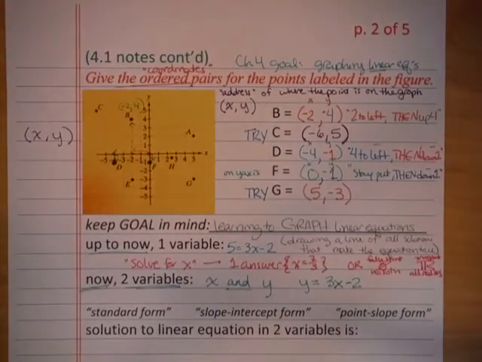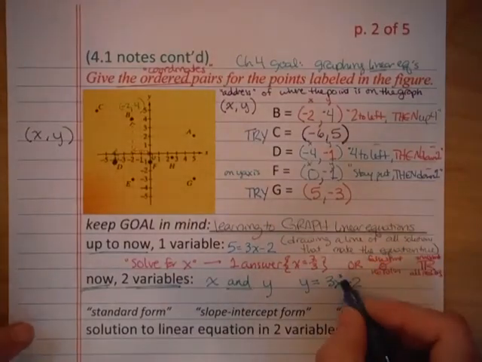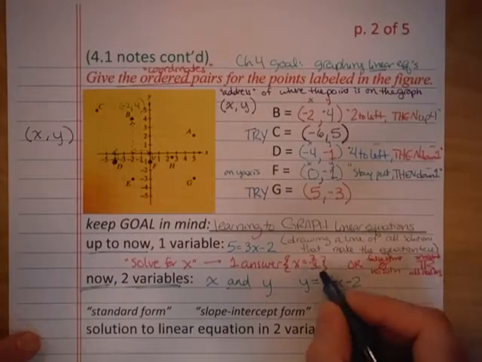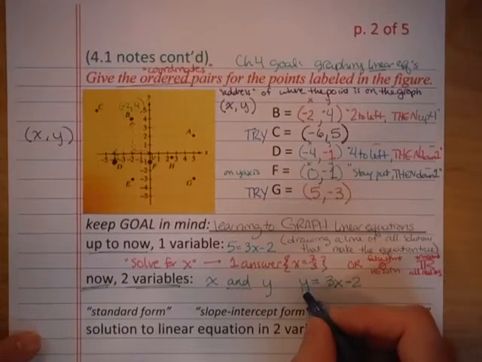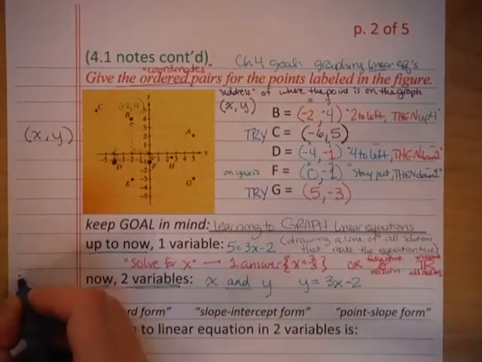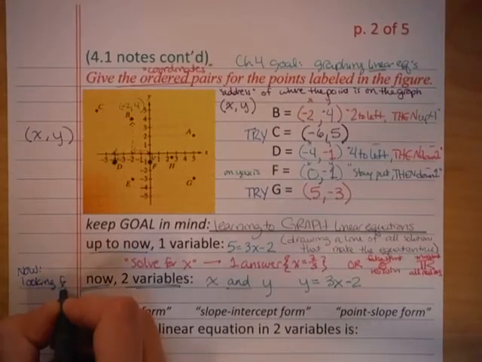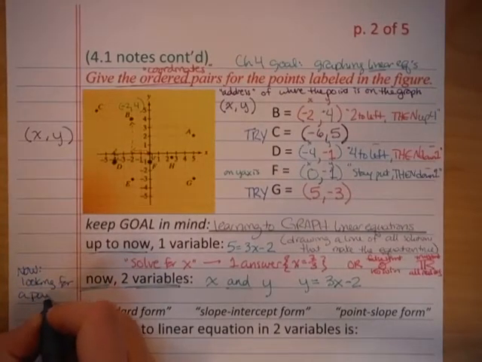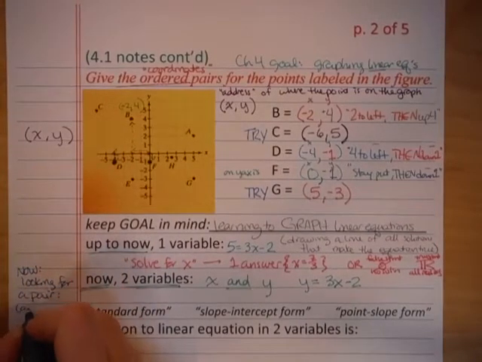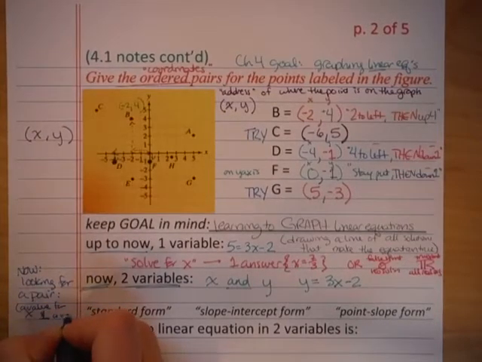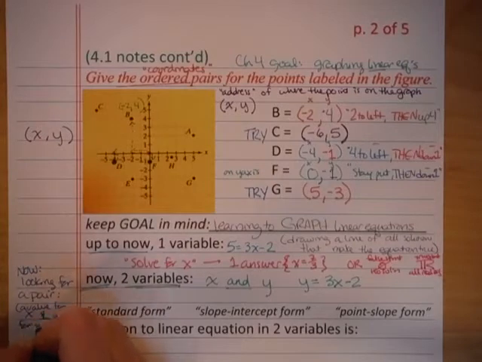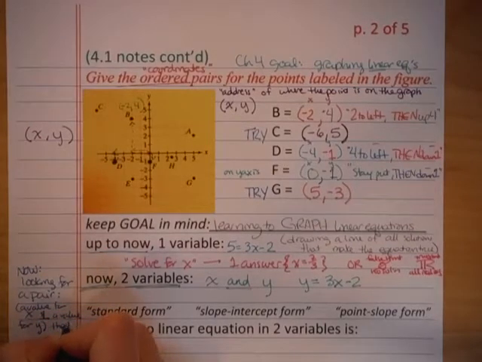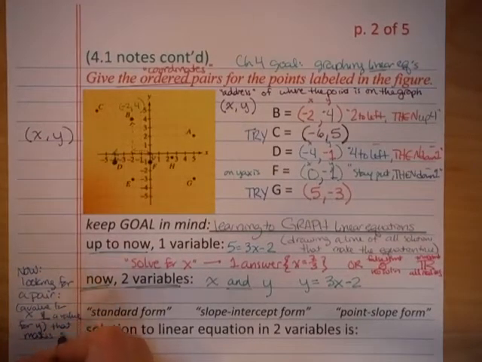What we're looking for is a value for x and a value for y that make this equation true. So now with two variables, we're looking for a pair, a value for x and a value for y that makes the equation true.